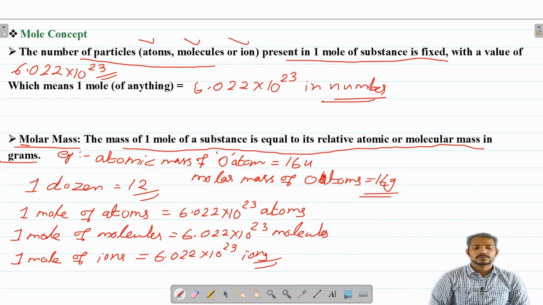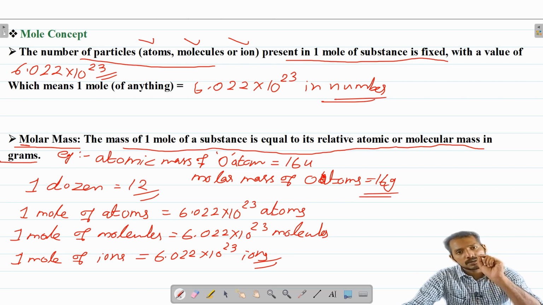Very simple. The mass of one oxygen atom is equal to 16 U. Just by representing that number in gram, we get the molar mass of oxygen atom, or the mass of 1 mole of oxygen atoms.